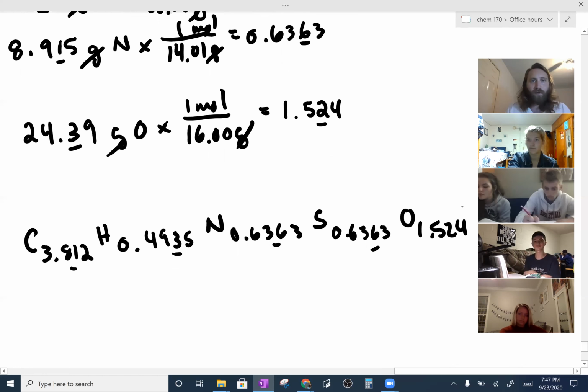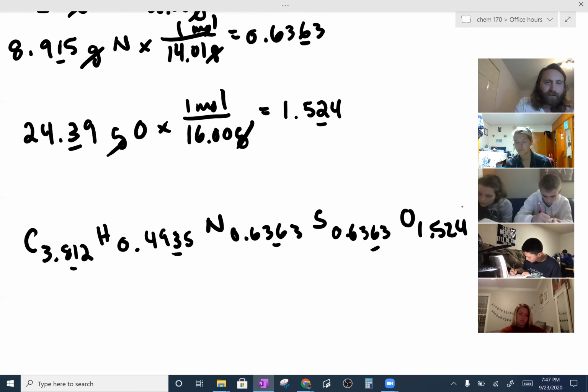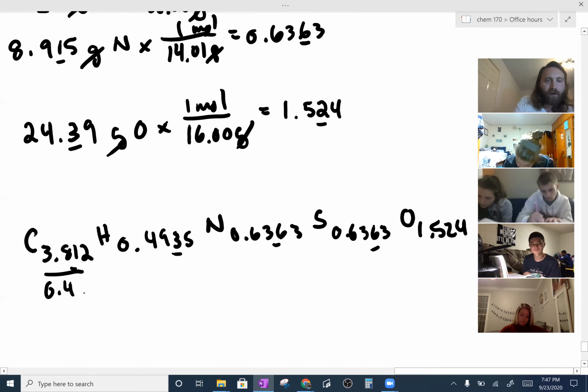Okay, so the way that we get this from a pseudo formula into an actual empirical formula is by dividing by the smallest amount. So the smallest amount here is the hydrogen. So I'm going to divide everything by 0.4935.